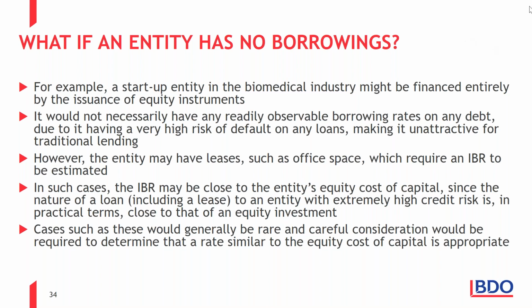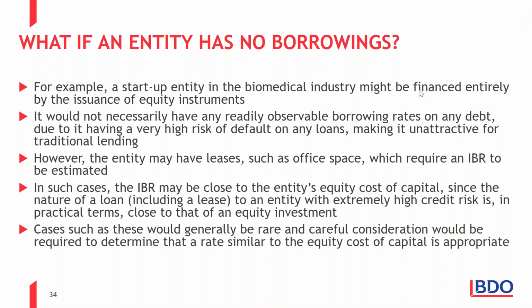So having in mind the factors that have been discussed to come up with the incremental borrowing rate, the economic factors, the financing factors, and the asset-specific factors, for a company that doesn't have any borrowing at all, it might still have leases.